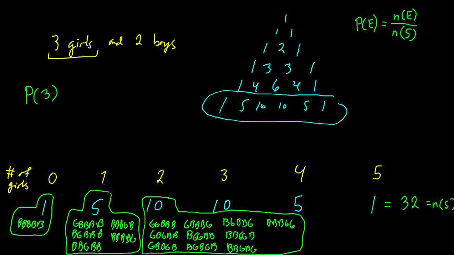How about your N of E? How many ways can you get three girls? You can see that there are 10 ways for you to get two girls. Or rather, that's quite wrong, sorry.